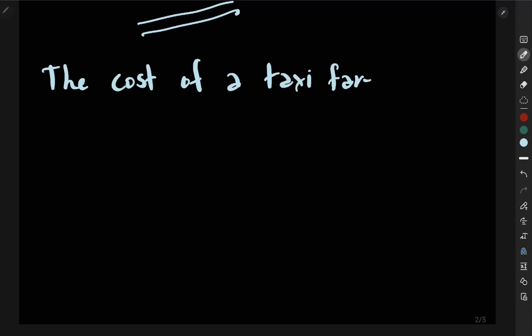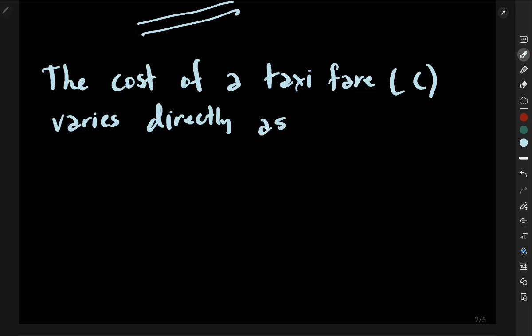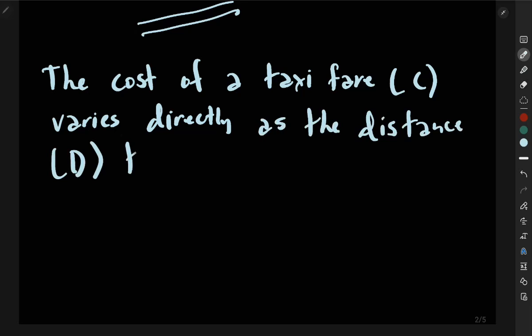Another example, let's have a word problem. For example, the cost of a taxi fare, denoted as C, varies directly as the distance D traveled.